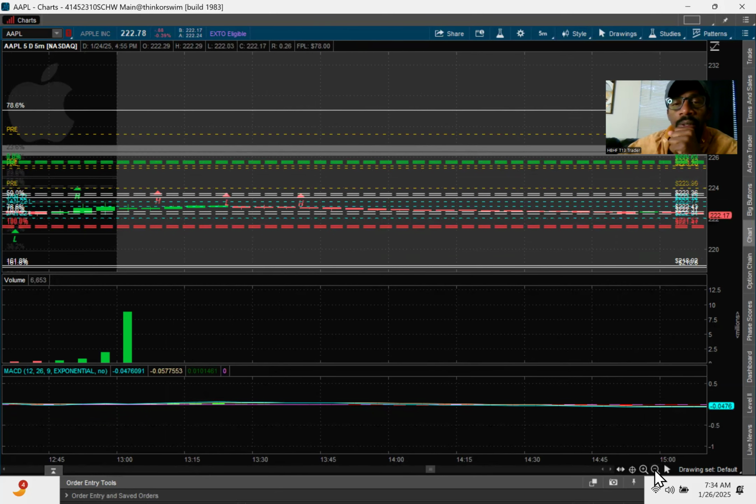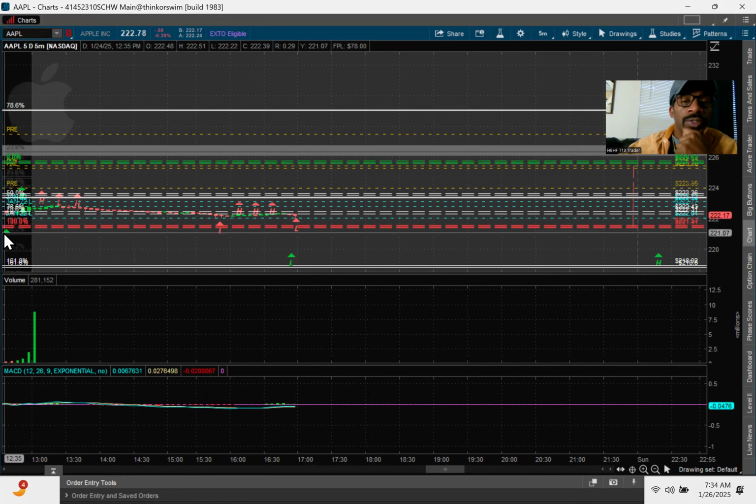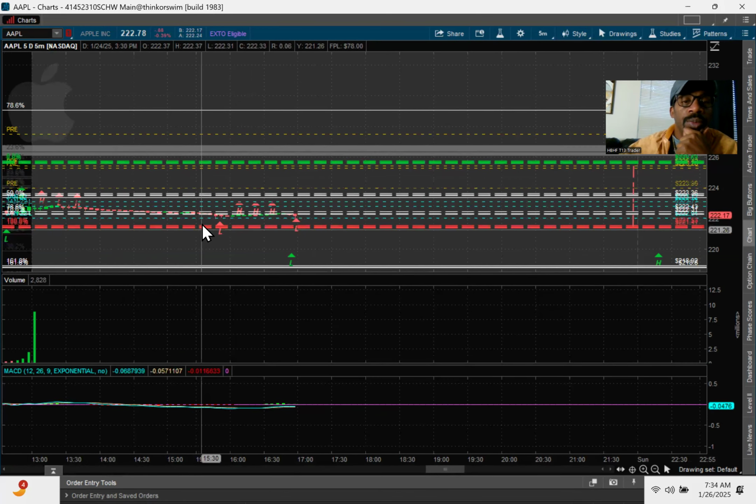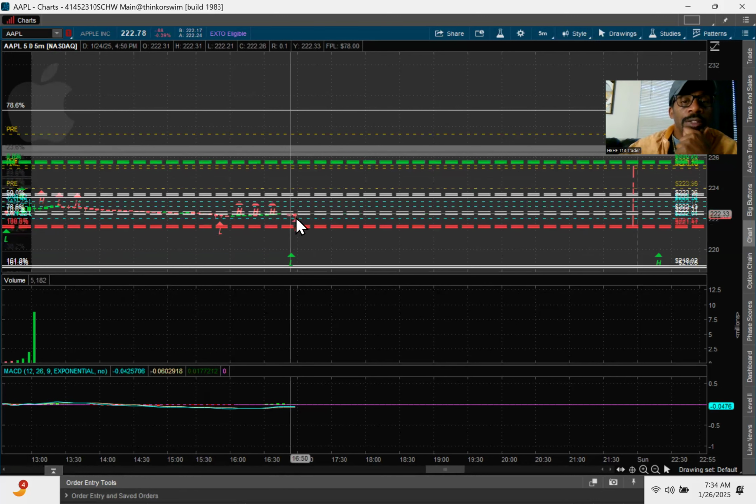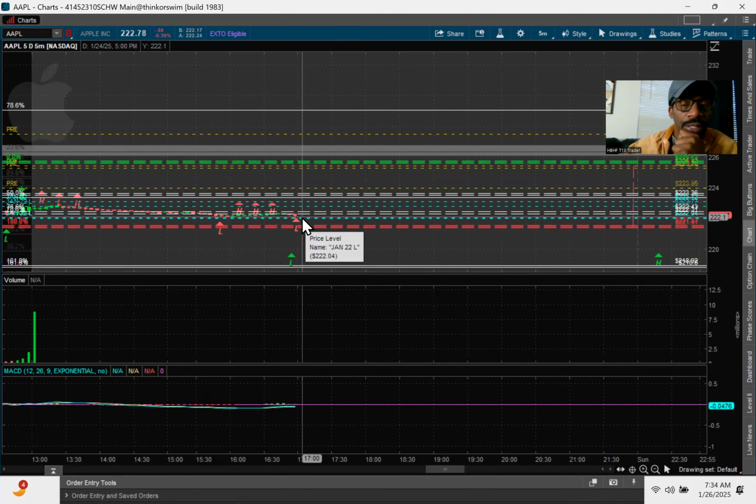Oh, it moved on. Let's see. Low here off of yesterday's close. Okay. So this is right here. So right now we have one, two, possibly three highs, but that's not strong.